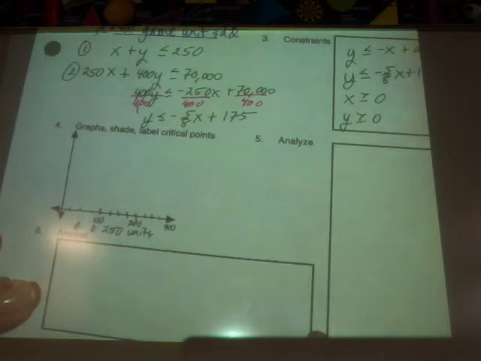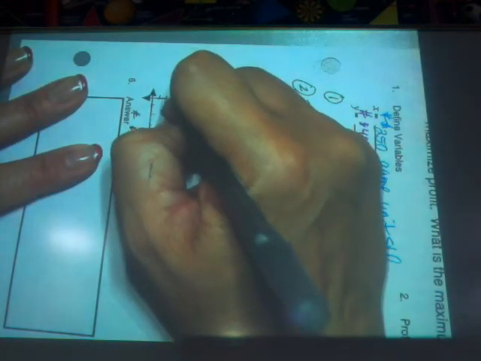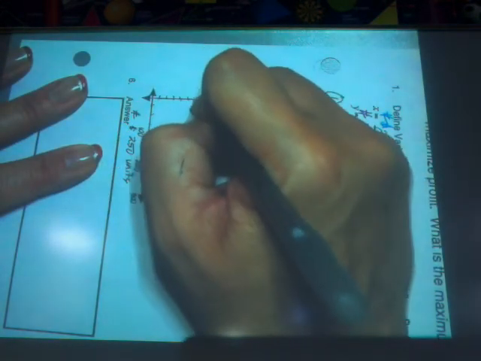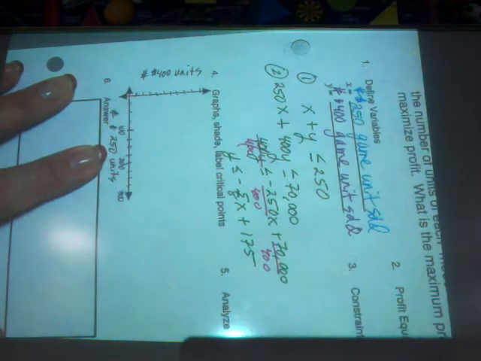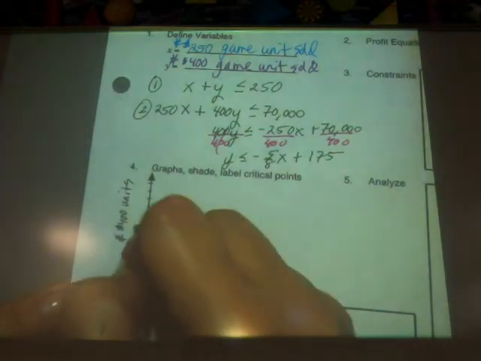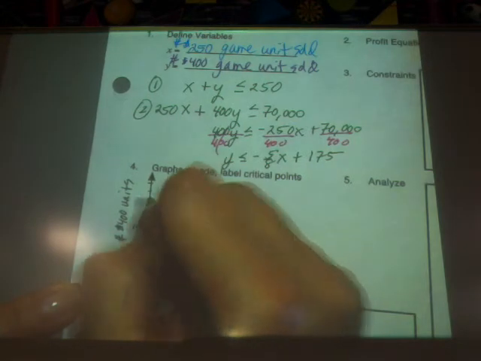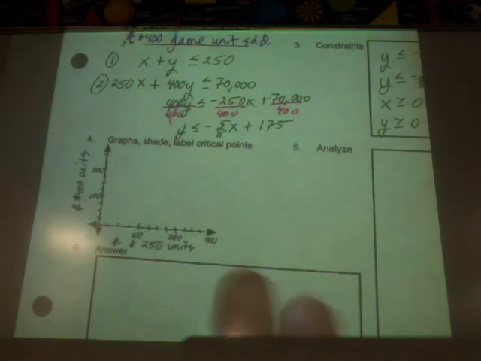That's the number of $250 units. And then the y-axis is going to be my $400 units. Mine didn't go all the way up to 300 on the y-axis. Don't let that bother you. It's not going to become important.